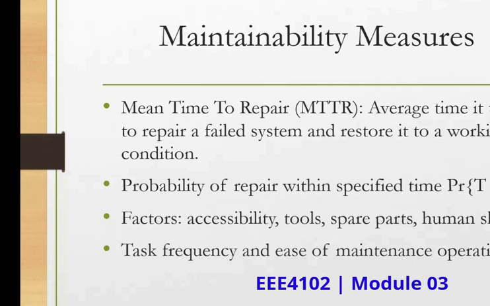Think of, for instance, a fuse box in a car versus a circuit board in a satellite. Which one is very easy to access? If it is hard to access the component that has failed, it's going to take you longer. So you need to keep in mind that accessibility is a key aspect of maintainability.